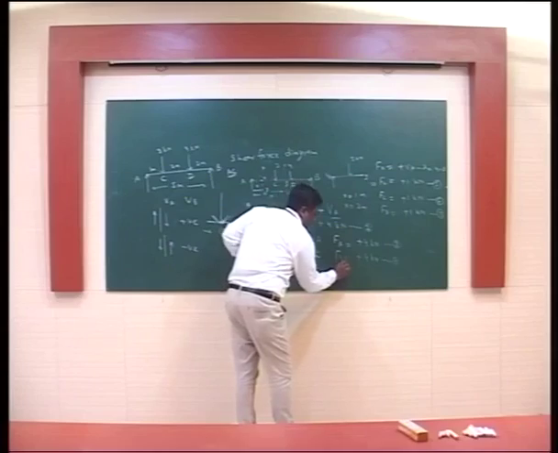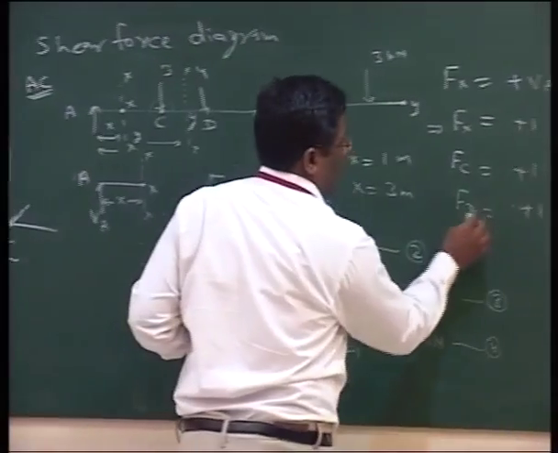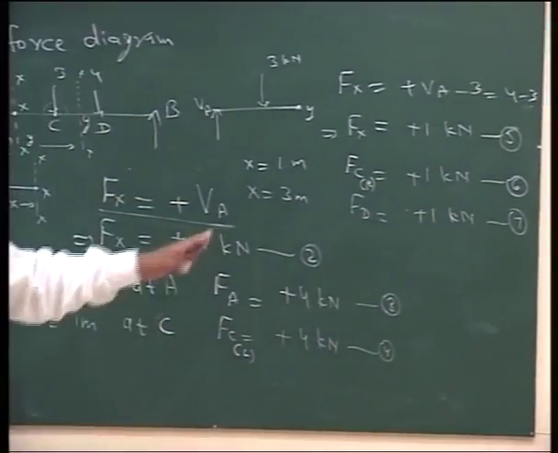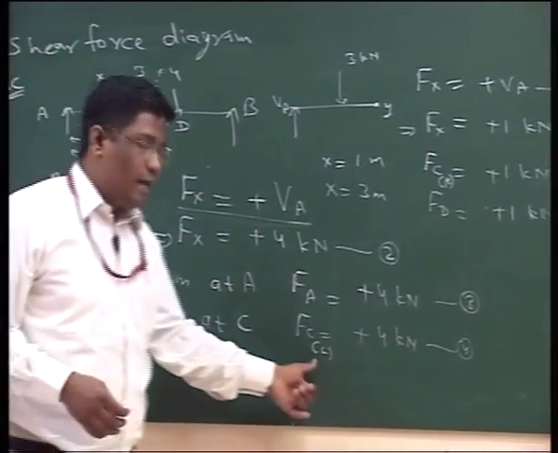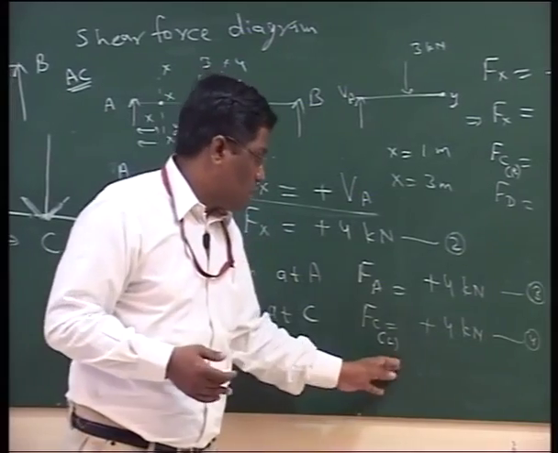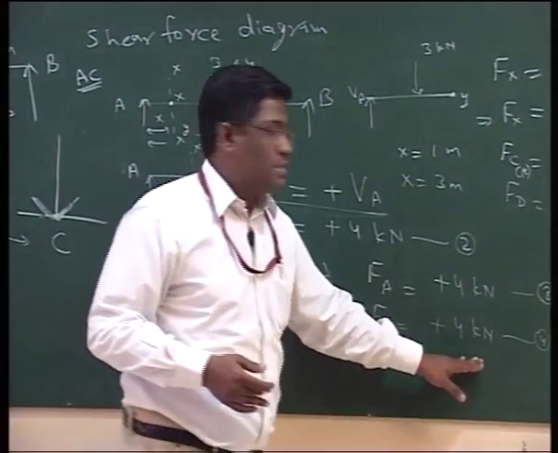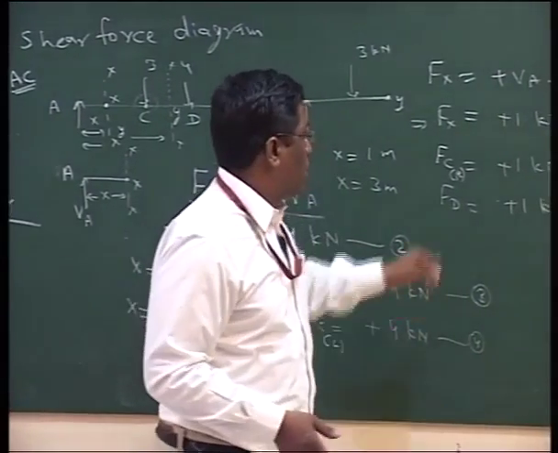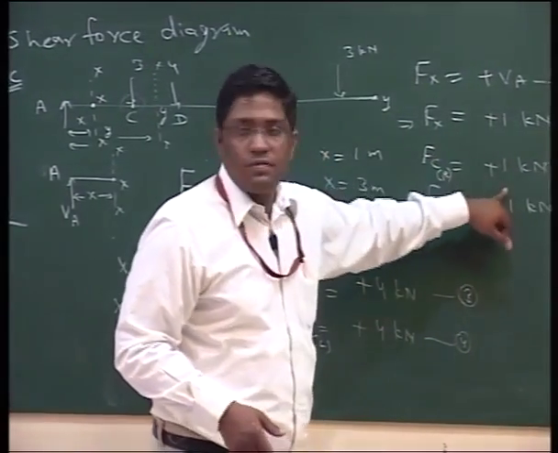We will write small l here and small r here. Now we can justify these values. That means at FC left, just left of the C, the shear force is plus 4, whereas when we cross C, then the value is plus 1 kilonewton.